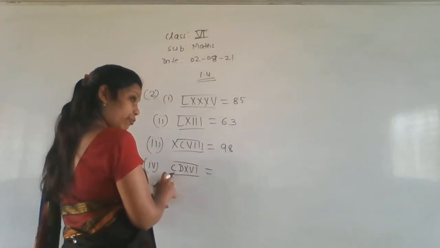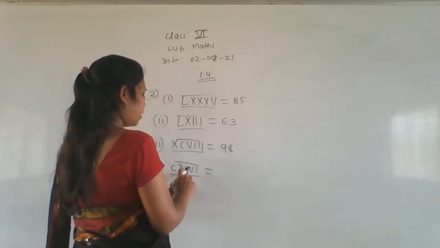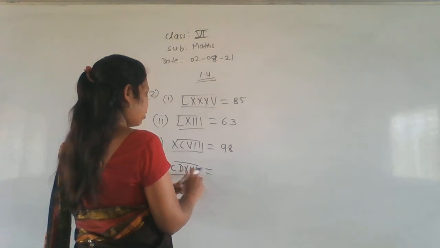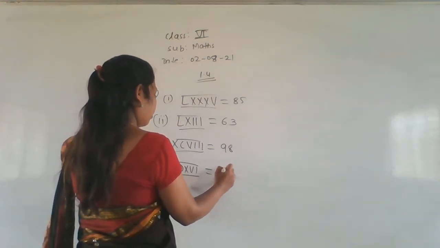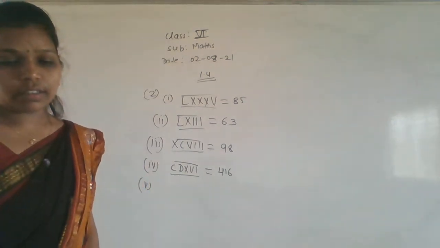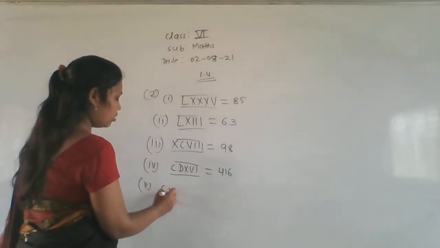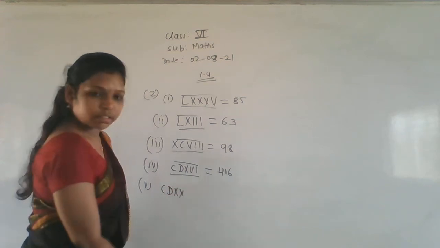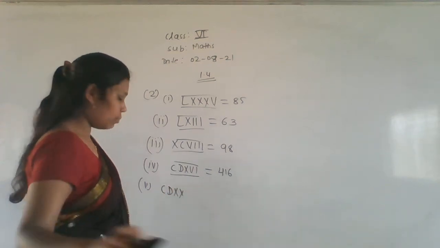It means 400, 416, right? 416. Fifth one, L double X, right?